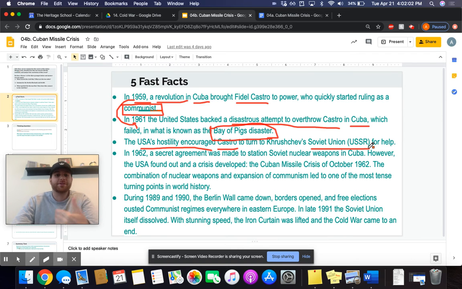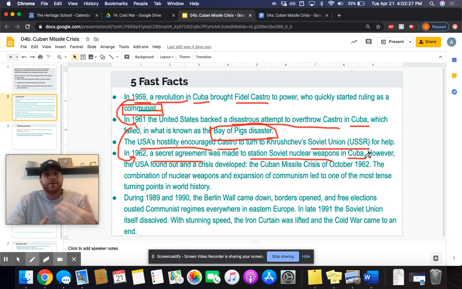Okay, so not only does this Bay of Pigs incident fail to remove Castro from power, it actually kind of creates this strong alliance between Cuba and the Soviet Union. And we see just a year later, the Soviets take advantage of this relationship, okay? The Soviets make a secret agreement to station nuclear weapons in Cuba, okay?